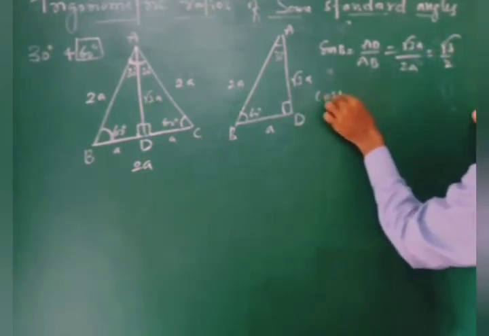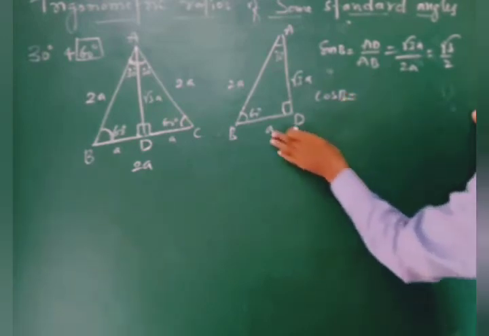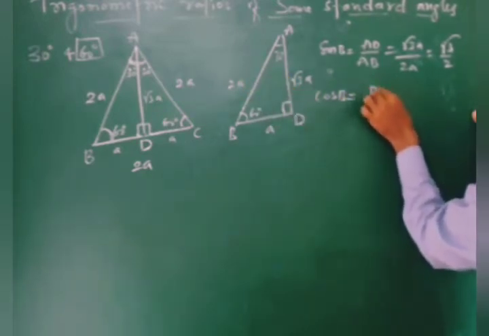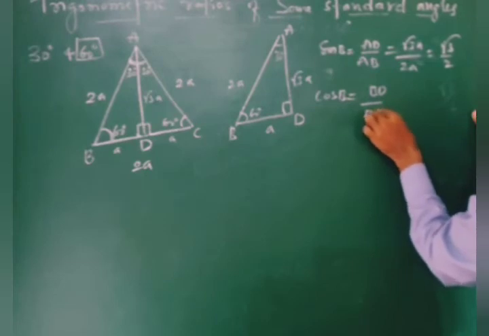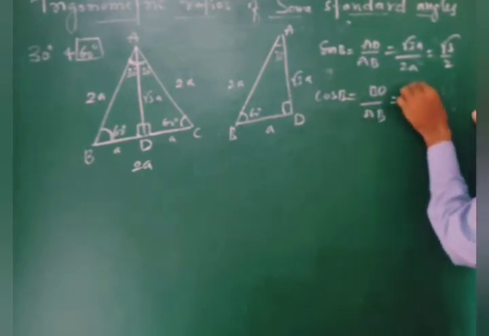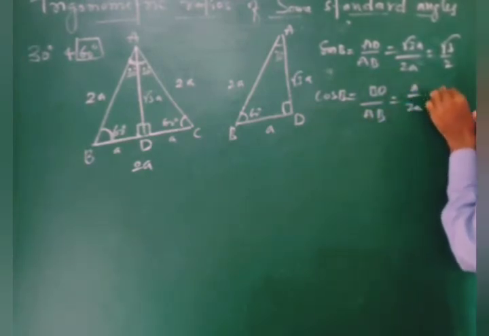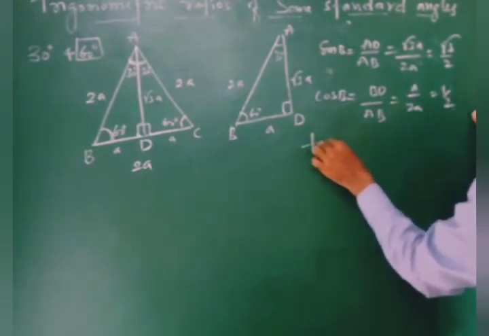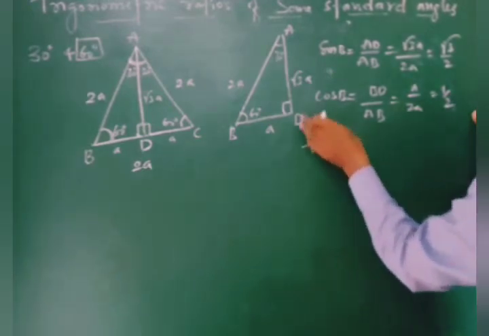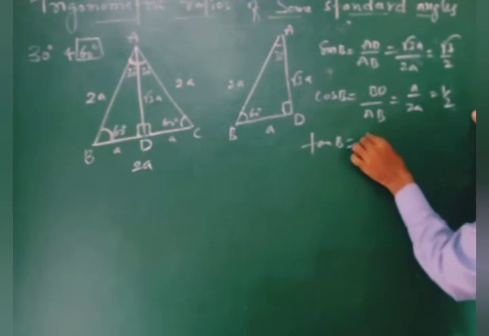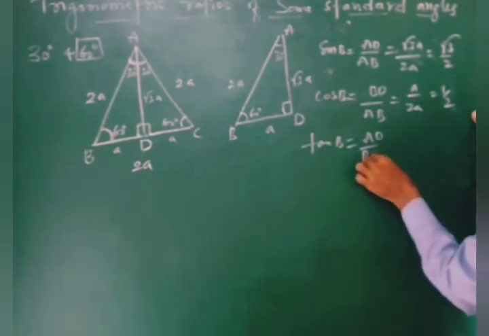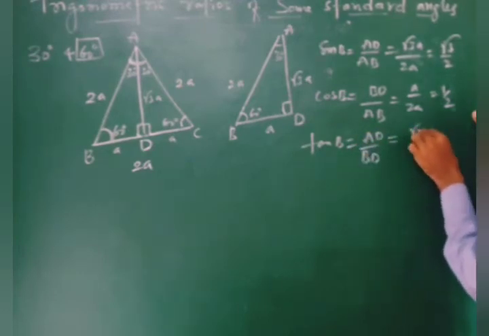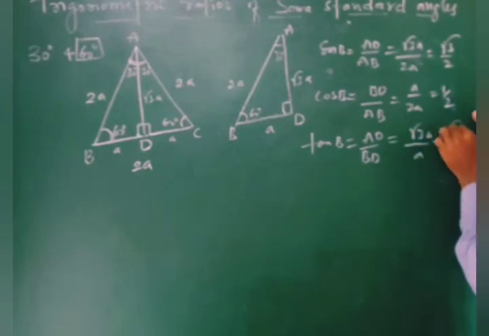Next, cos B, it is base by hypotenuse, BD by AB, it is nothing but A by 2A, which is equals to 1 by 2. Next, tan B, it is perpendicular by base, AD by BD, which is equals to root 3A upon A, which is equals to root 3.